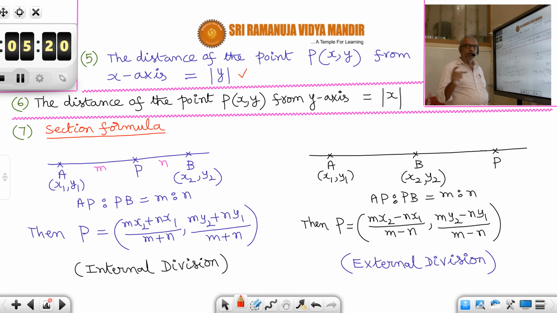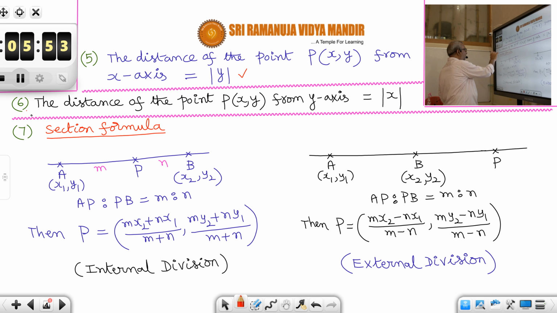Mod y, not y but mod y, because the point may be in any quadrant. For example, if it is in the third quadrant or fourth quadrant, y coordinate will be negative for such a point, is it not? But distance from the x-axis is always positive. So that is why distance from the x-axis is mod y, not y but mod y, because y may sometimes be negative.